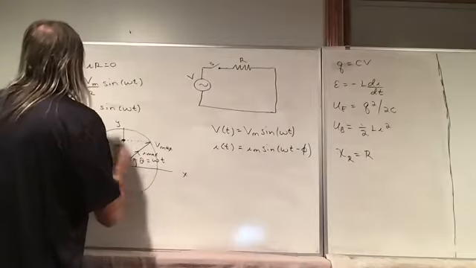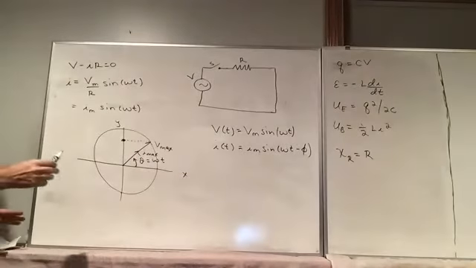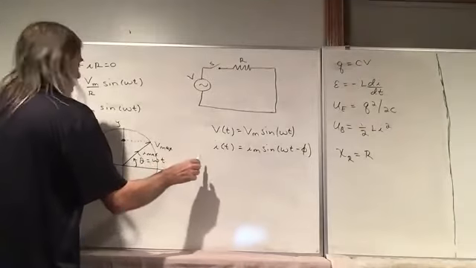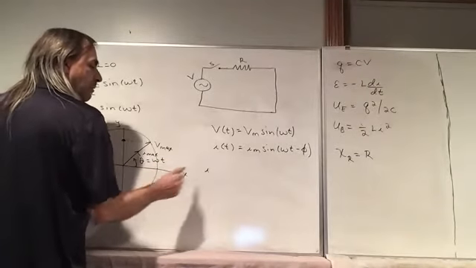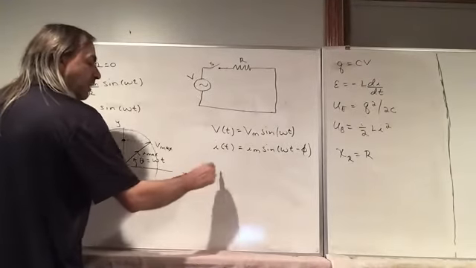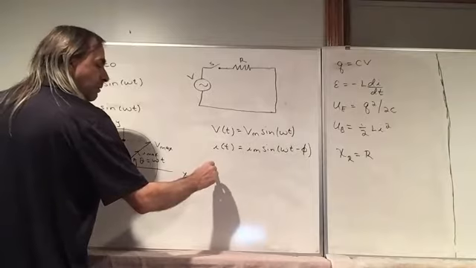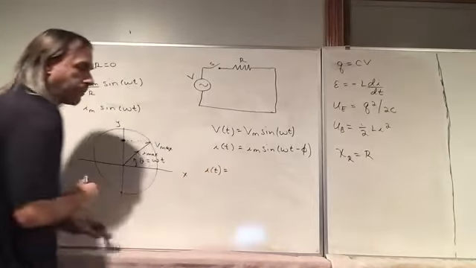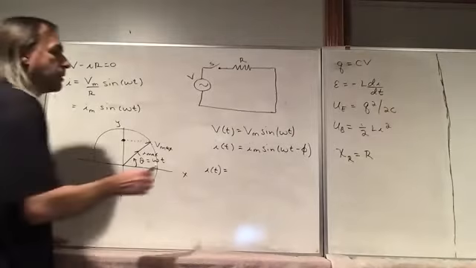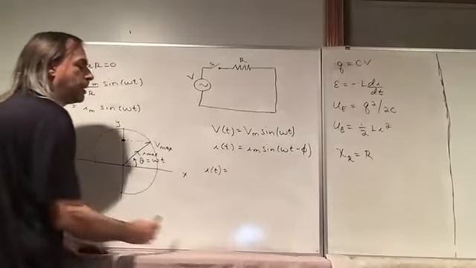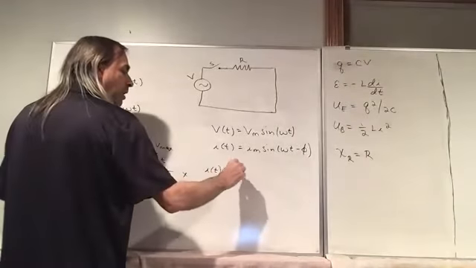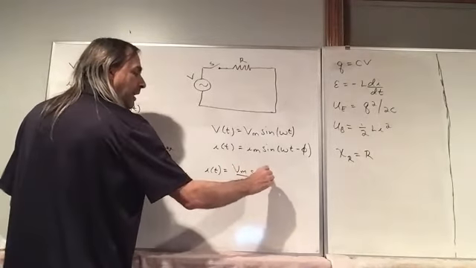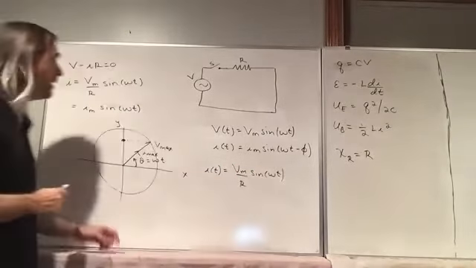So we can write this as, let's see, the current as a function of time. We have the peak current, which is V max over R, times sine of just omega t.